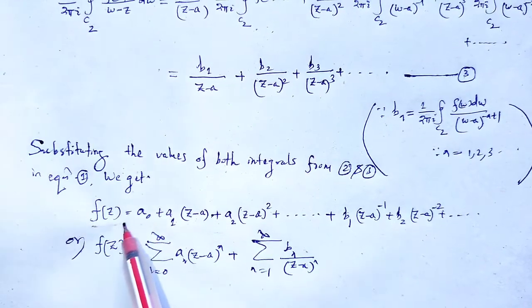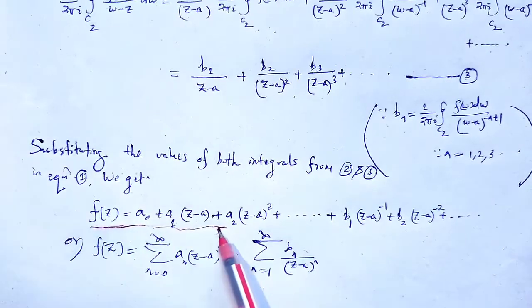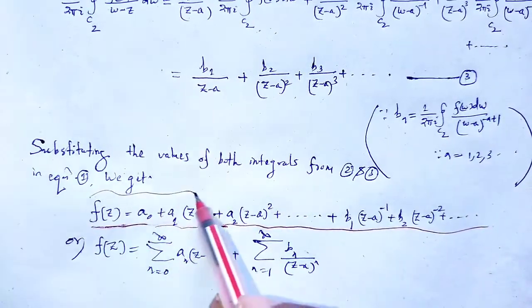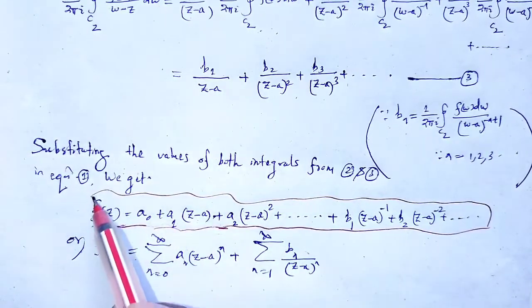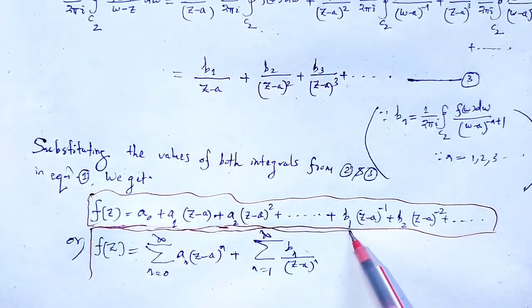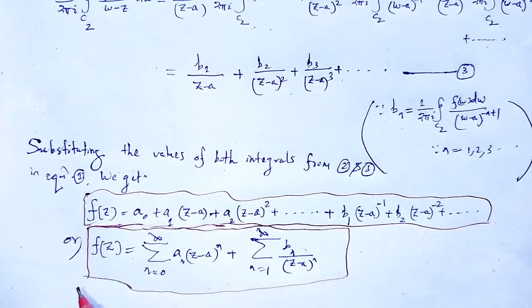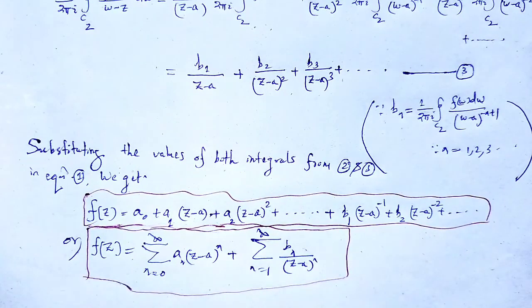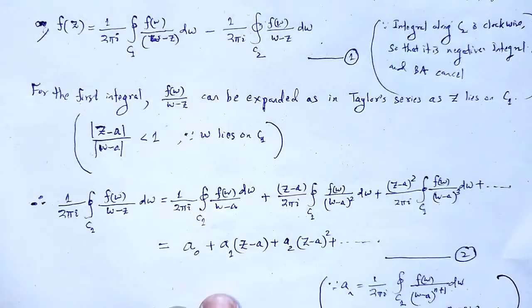This is the representation of a given function by using Laurent's series, as that given function is not analytic in that given region of a circle. This is the proof of Laurent's theorem.